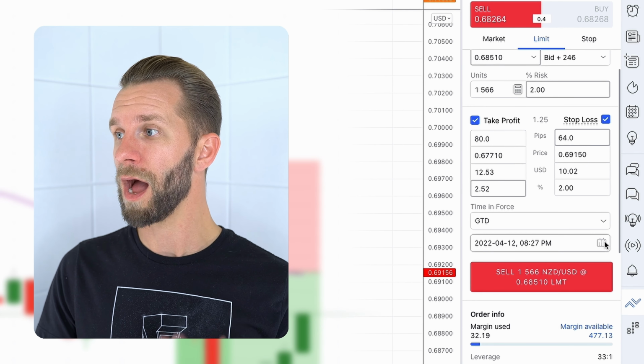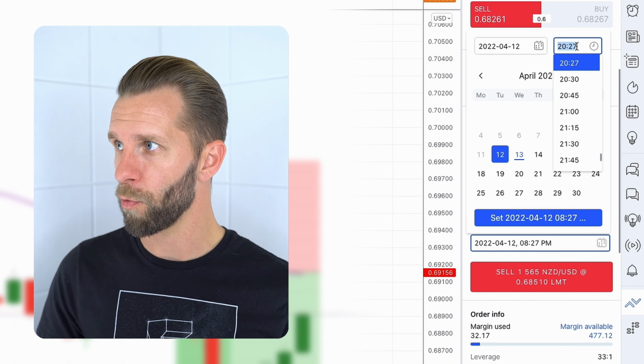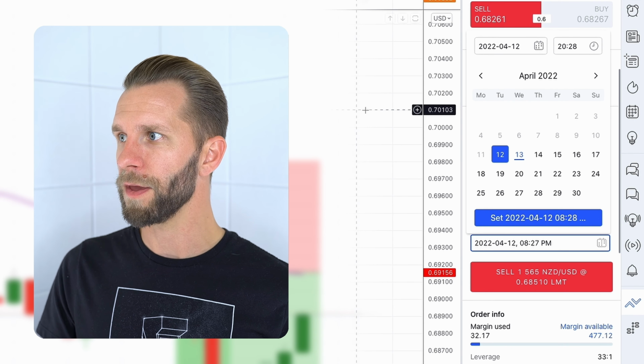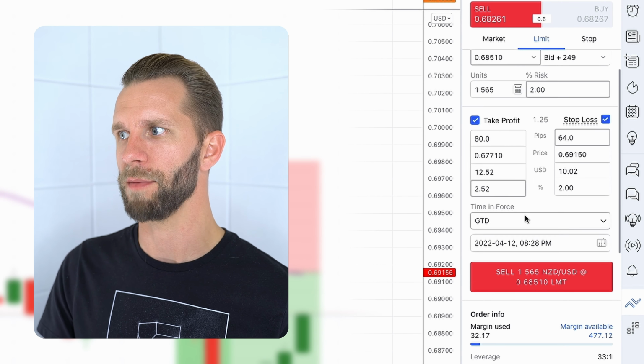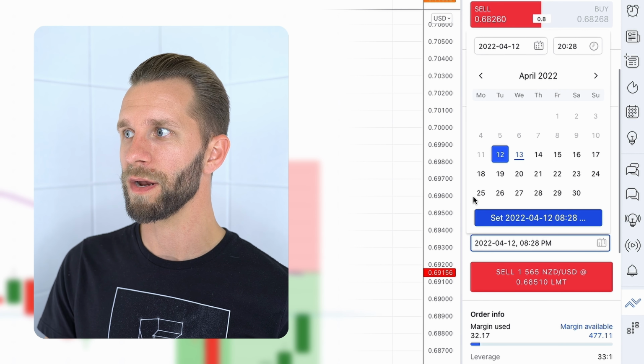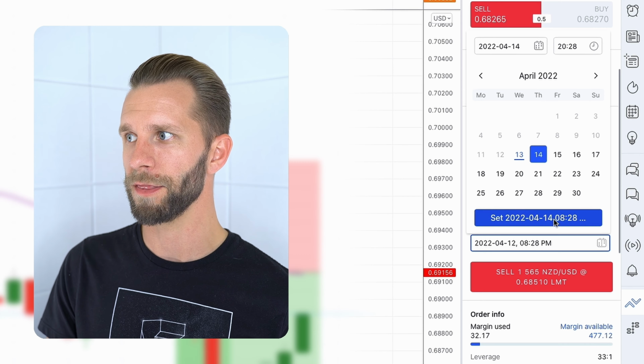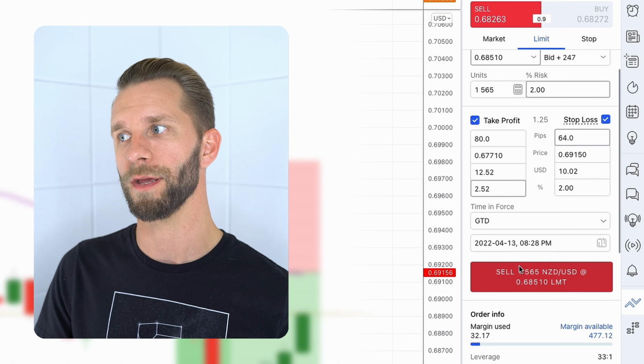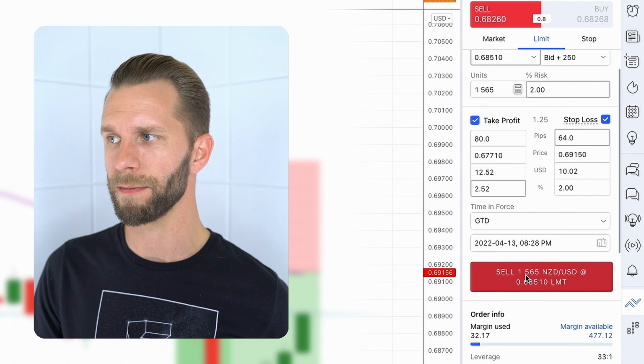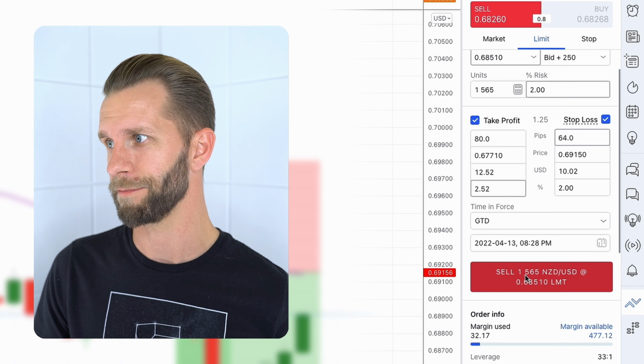As an example, I will set a trade that is due to expire 1 minute from now. And there is actually a bug on my system. I'm unsure if it'll come up on yours. But when I select the 13th, it'll select the 12th. So I must select the 14th, hit the blue button here, and it will select 13th. Just a weird little offset, but it helps if you know that.